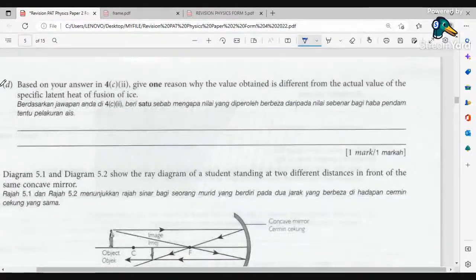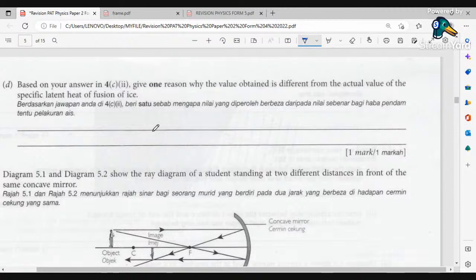Part D, based on your answer in 4C2, give one reason why value obtained is different from actual value. Okay. Specific latent heat of fusion. Okay, kenapa value dia berbeza? Okay. Normally in calculation for topic heat, we always assume that no heat is lost to surrounding.